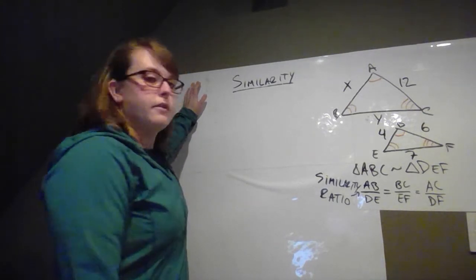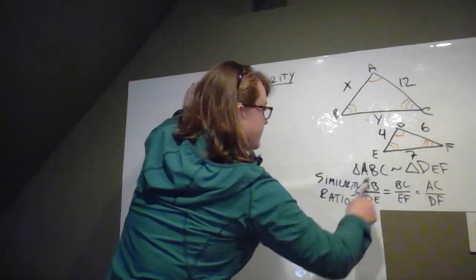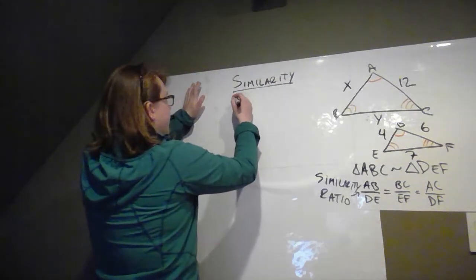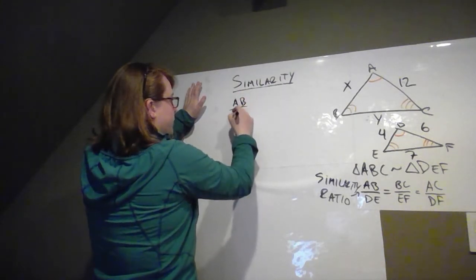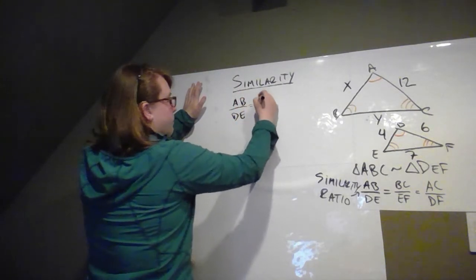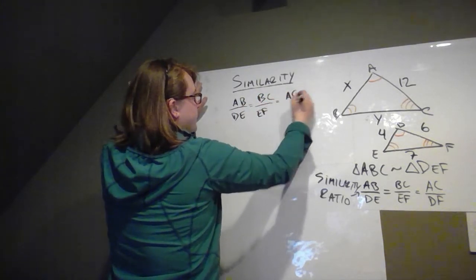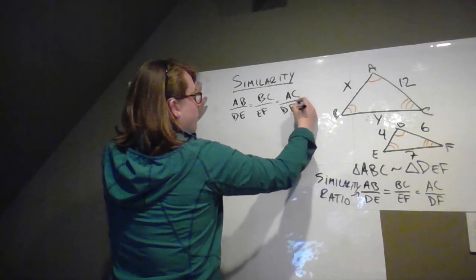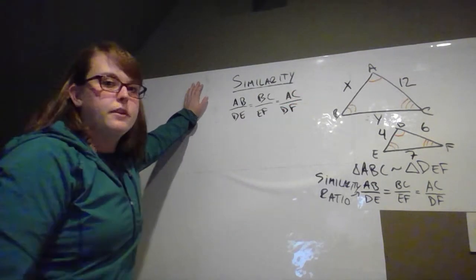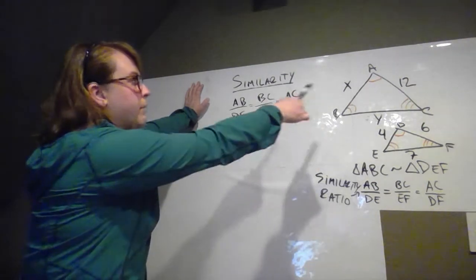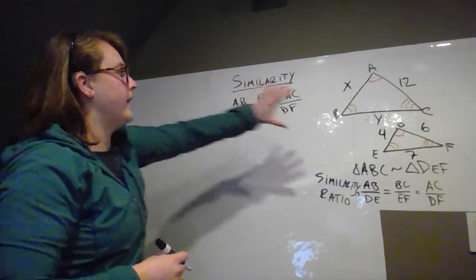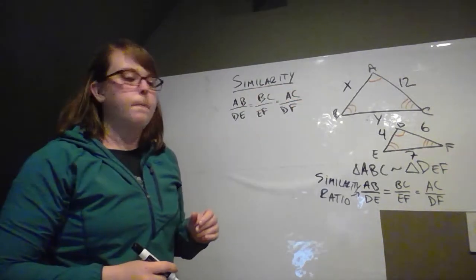Using proportions, what I would do is just take this statement that we have here, AB over DE, BC over EF, and AC over DF. And what I'm going to do is take everything in that picture there and plug it into my equation.